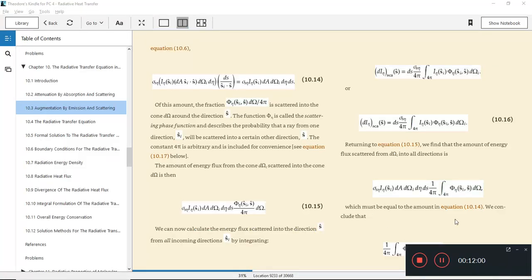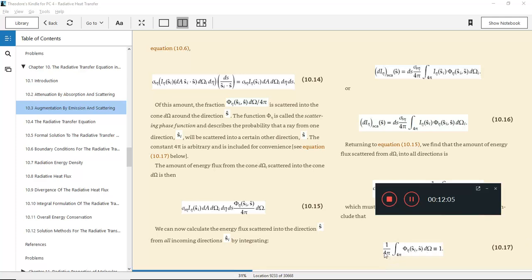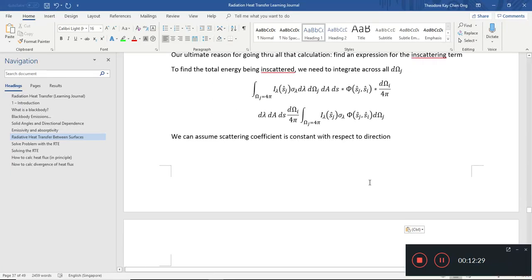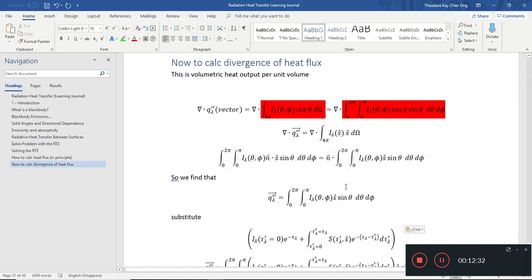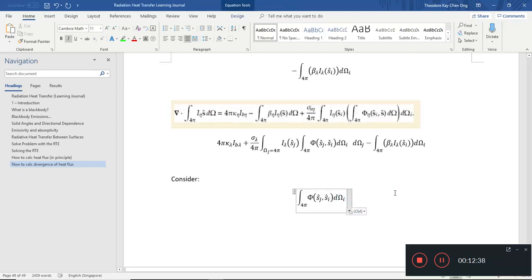Oh yes, if we take a look at equation 10.17, integrating the phase function over all angles d omega, where omega corresponds to the direction I the angle is being scattered into, you'll get 4 pi. I mean, if you do 1 over 4 pi, you get 1. It's good news for us because it means a lot of simplification. This is equivalent to 4 pi.